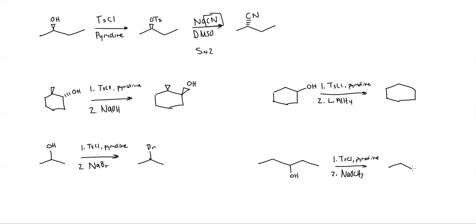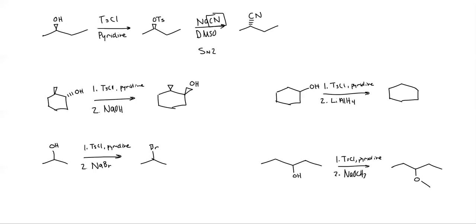And then all that's going to do is make an ether, OCH3. So I can make ethers, alkanes, alkyl halides. I can make all kinds of stuff, right? So this is a very versatile reaction. This is a very easy way to add many, many different things to where an alcohol is, as well as flipping the stereochemistry of an alcohol.